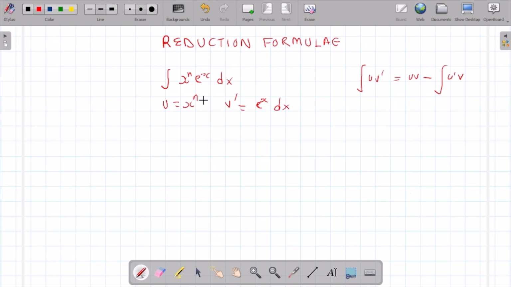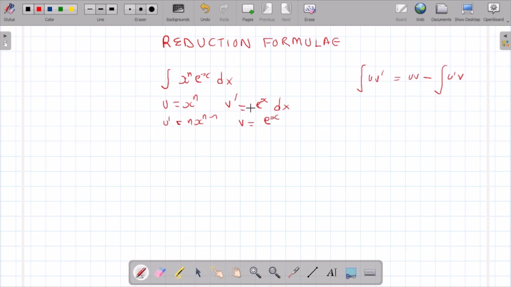Now we find u prime. U prime is the derivative of x to the power of n, which is n x to the power of n minus 1. And here we have to find the integral of v prime, that is going to be v. We know that the integral of e to the power of x is e to the power of x.